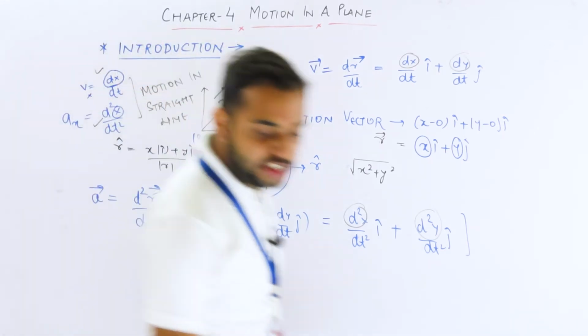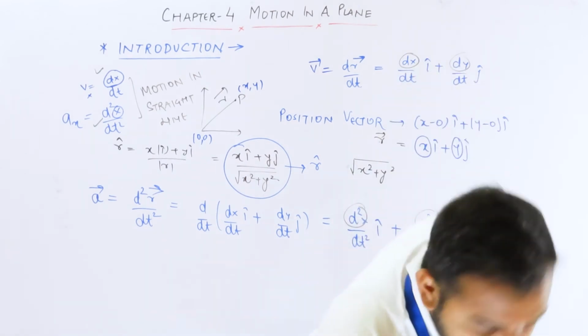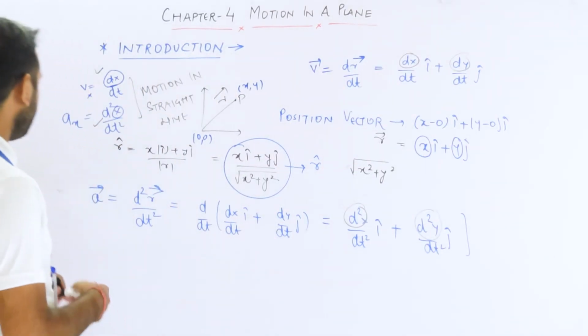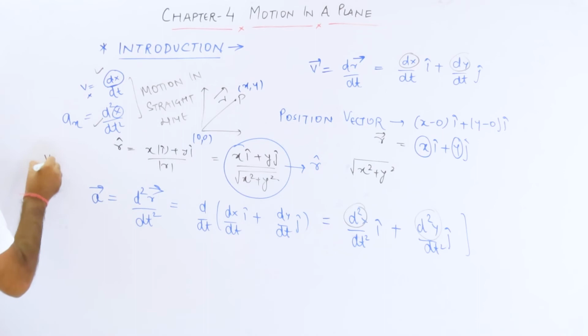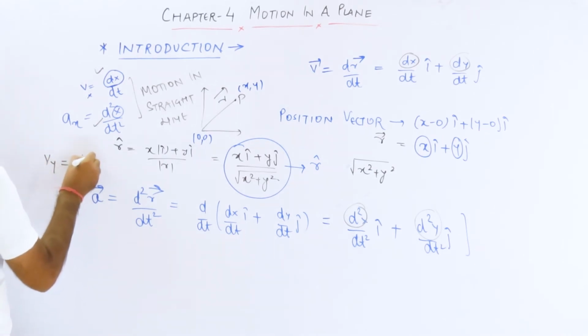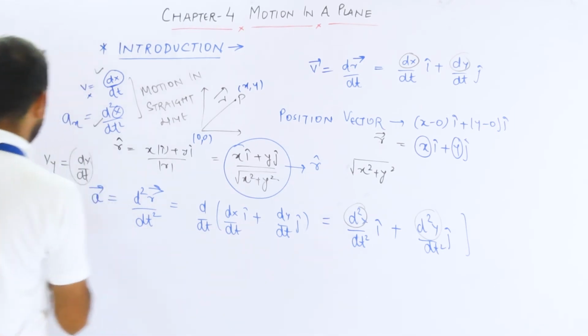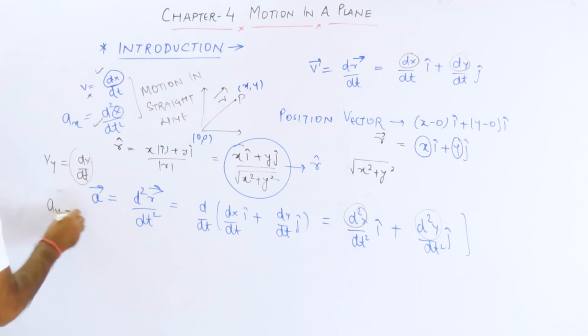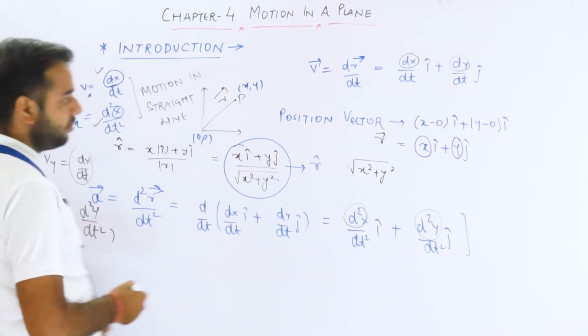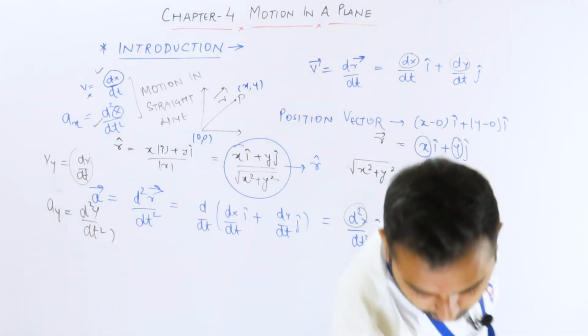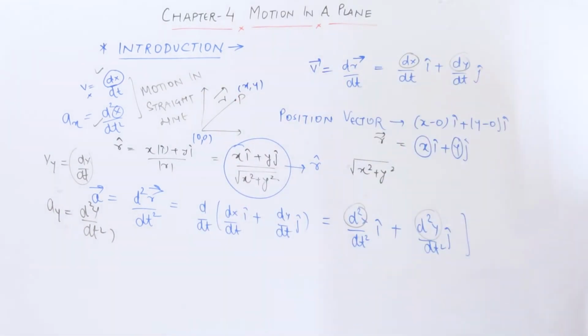You will see changes only in one direction. Like if you want velocity in the y direction, you must have dy by dt. So you will see changes only in one direction, and acceleration in y is simply d2y divided by dt square. Clear, guys? Clear? So that's how it is different.